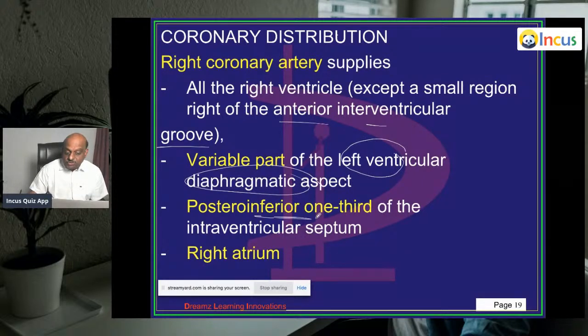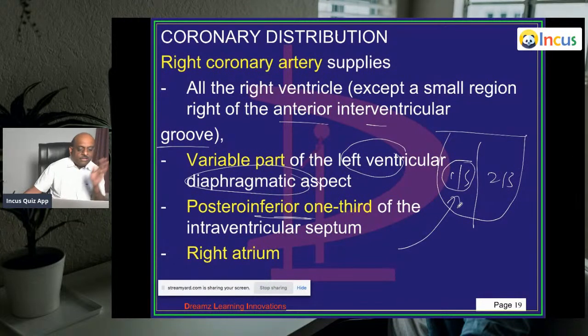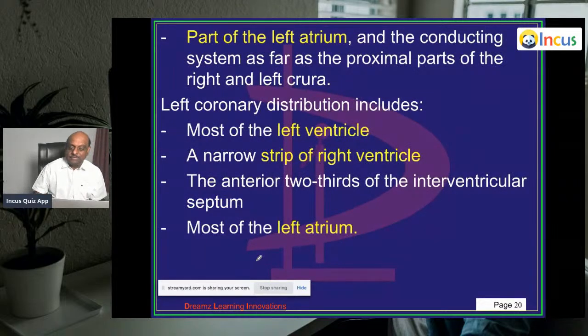It supplies posterior inferior 1/3. Let us say interventricular septum is 2/3 anterior, 1/3 posterior. This 1/3 of the interventricular septum, right coronary. Similarly, it supplies the right atrium is what you need to remember. It also supplies part of the left atrium and the conducting system, right coronary artery.